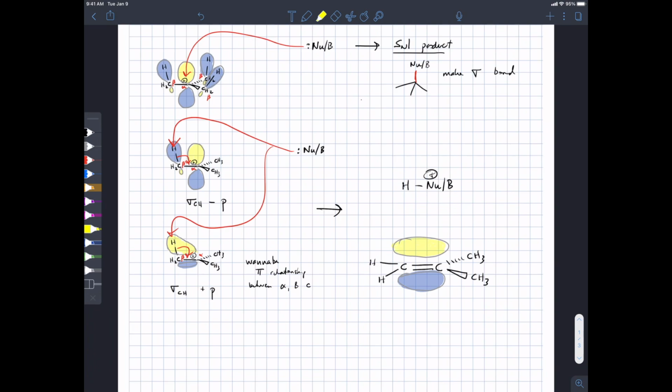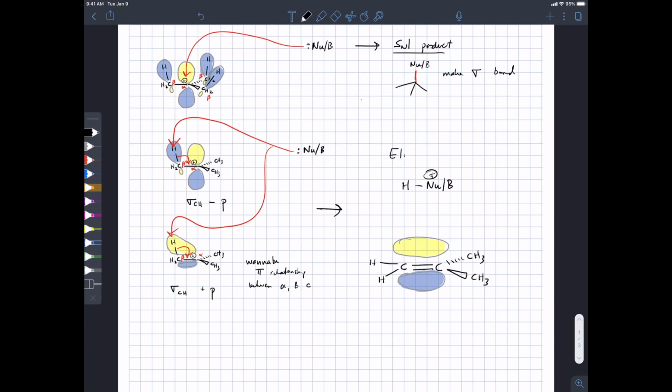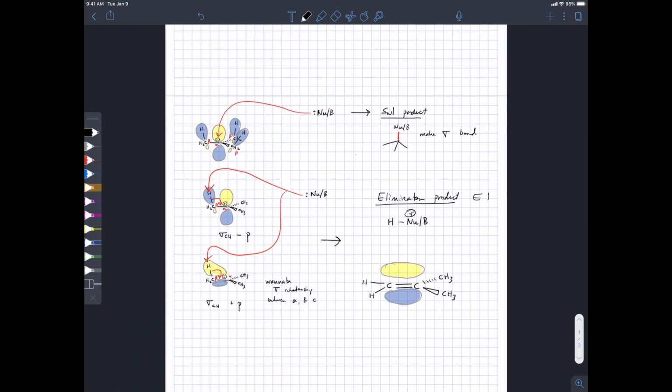So the product from attacking the beta proton is what we're going to call an elimination product. This reaction is called E1 because all of this happens on the carbocationic intermediate, and therefore all of this is after the rate determining step of the reaction.